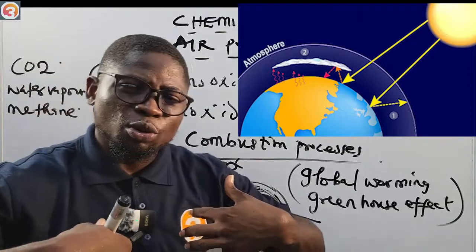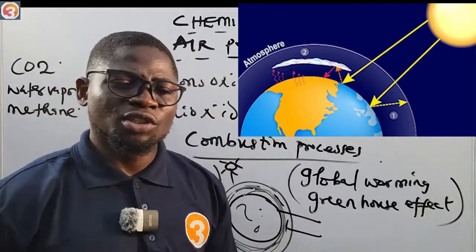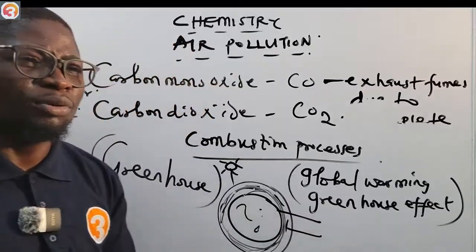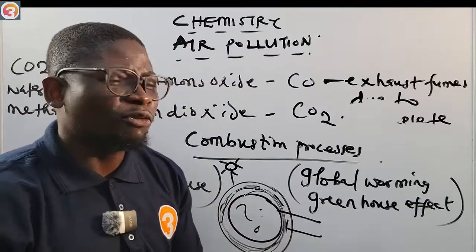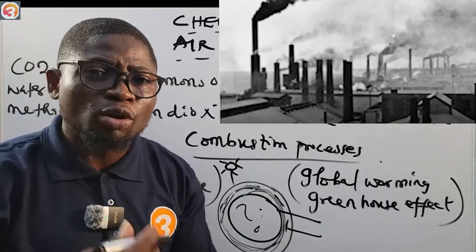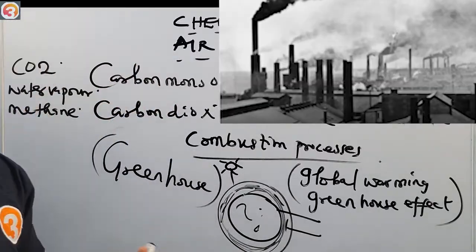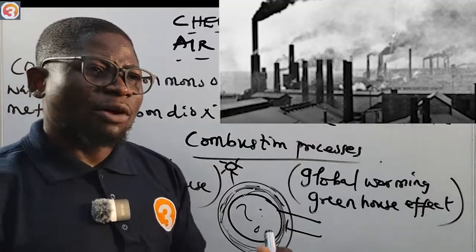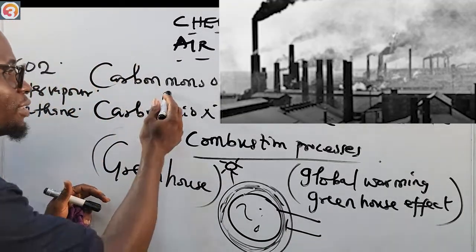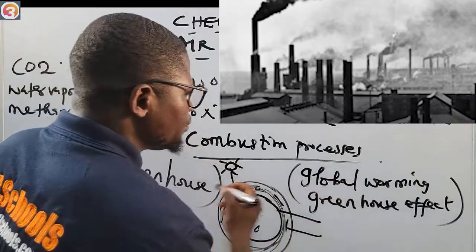But our actions, such as the industrial revolution, where we are producing things by burning fossil fuels, that's non-renewable energy, burning coal. When we burn coal too much, it will be releasing carbon dioxide. We say carbon dioxide is produced from combustion processes.